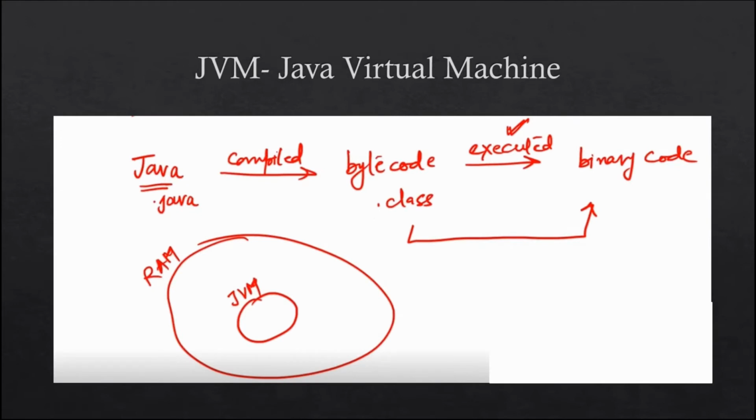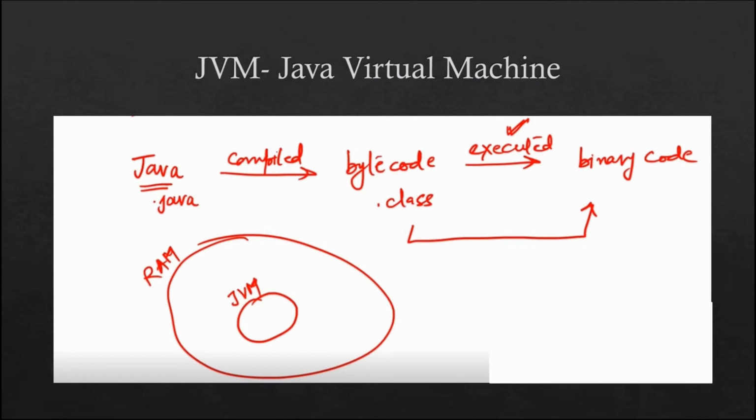So yes, as I mentioned about the JVM, Java Virtual Machine, what happens is, when you write your code, Java, it is stored in a file having the extension .java. And when you compile your code, it is converted into bytecode having the file extension .class. When that .class file, that bytecode, is executed, it is converted into binary code.